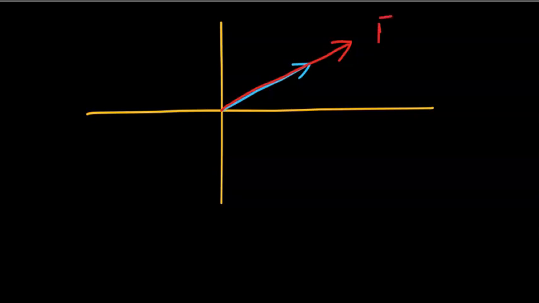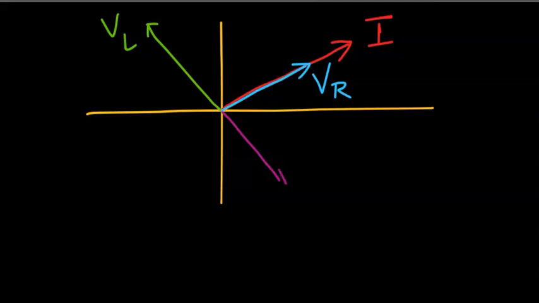So this is capital I, the amplitude of the current, and this is V sub R, the voltage amplitude across the resistor. For the inductor, the phasor is like that, so that is V sub L. And for the capacitor, it's going to go like that, V sub C.